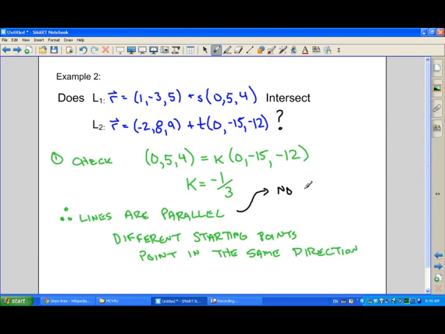They're either going to have no intersection, or they're the same line and they have infinite intersection. So there's a way we can check this to see if there's a distinction between the two. And we'll do that in example 3.